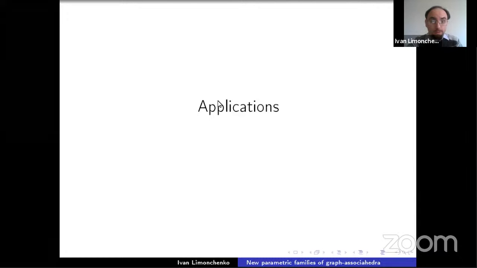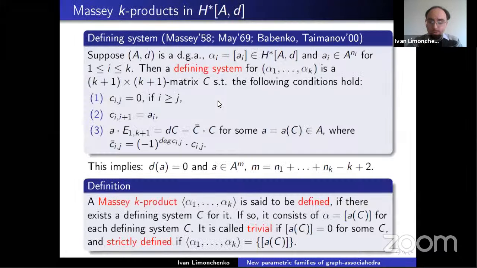And now let me go to applications in toric topology, because our main results with Victor apply this theory to finding families of nestohedra with non-trivial Massey products in the cohomology of moment-angle manifolds.